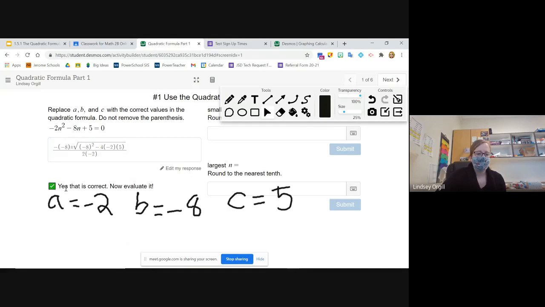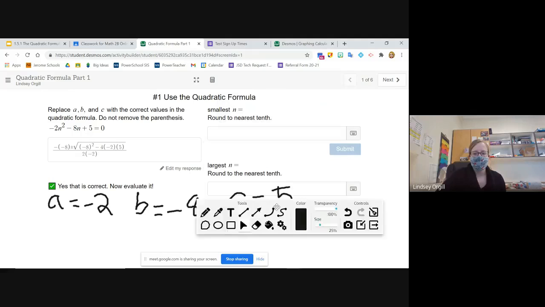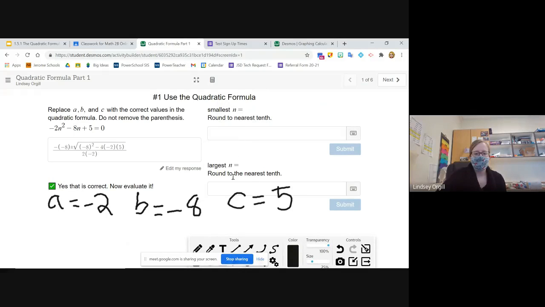I press submit. So if I entered everything in the formula correctly, then you can press submit. Now be careful, if you put any extra spaces in, even if your numbers are correct, it'll mark you wrong. And then you can solve for your values, and then plug your values into the formula. Okay, does anyone have any questions for me about this?